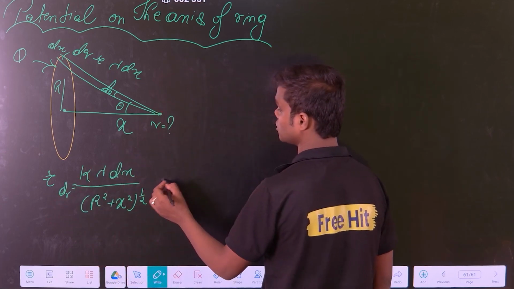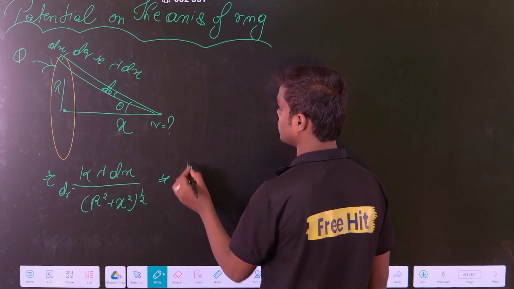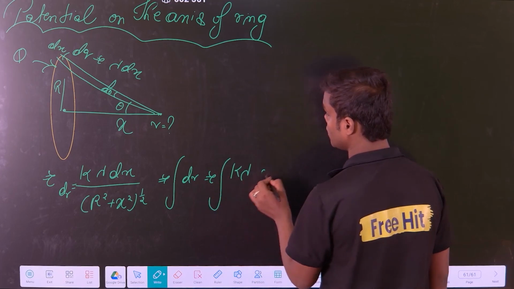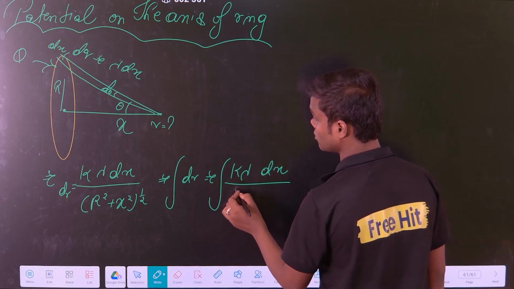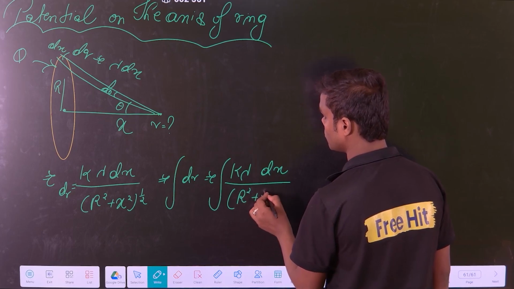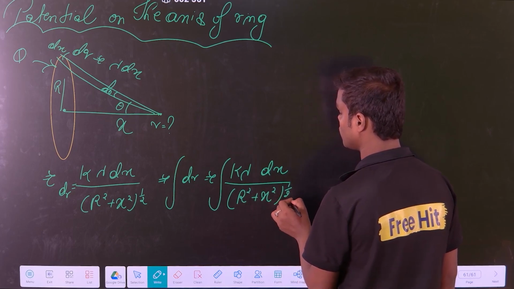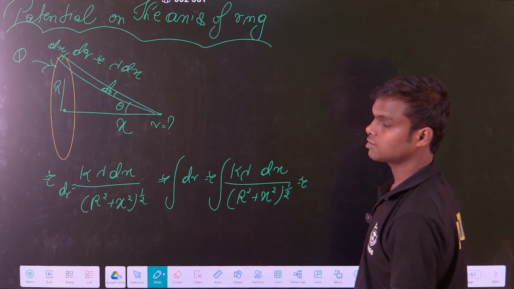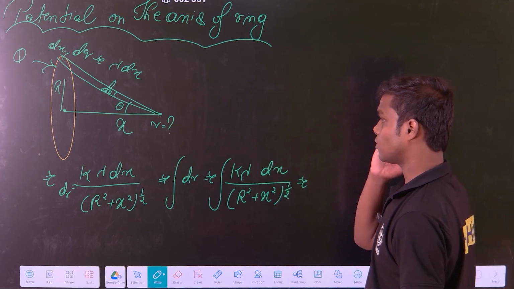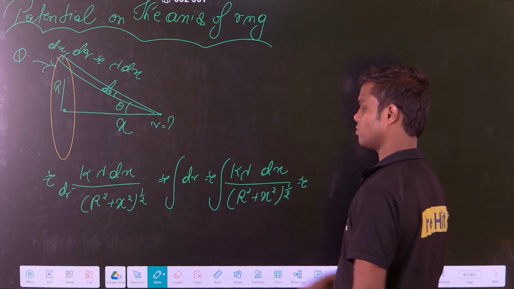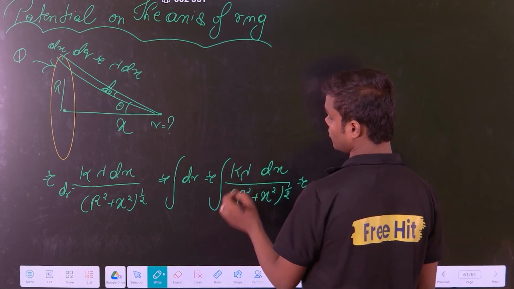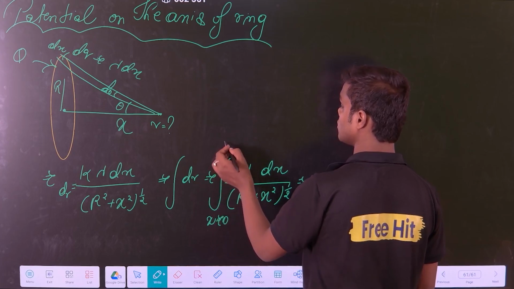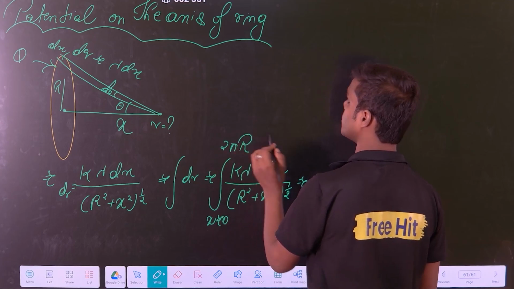To get the total potential, what you have to do? You have to integrate, correct? When you integrate k lambda into dx upon r square plus x square to the power 1 by 2, is x a constant or variable? It is a constant. Dx is also a constant. When you integrate, what is the limit of x? It will go from 0 to 2 pi into capital R, correct?